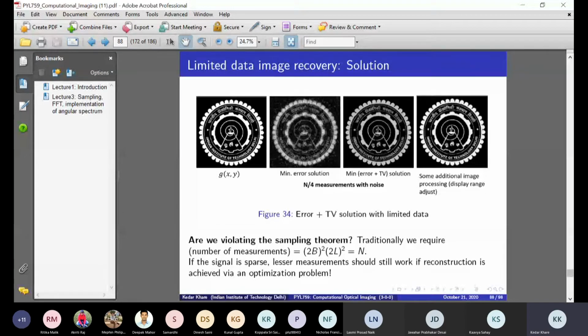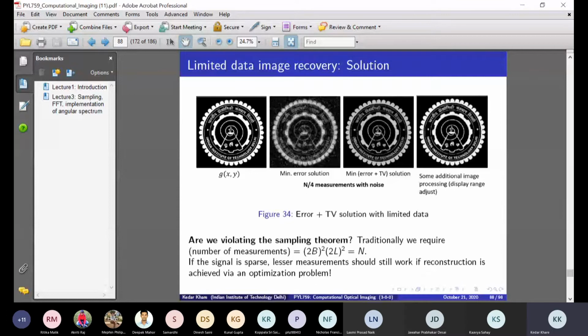So we are in a way not violating per se the sampling theorem, because the sampling theorem suggested that if your extent in Fourier space is 2b and extent in length space is 2l, then typically you should have 2b times 2l samples. Or here, as it is a 2D signal, it will be 2b squared times 2l squared. But a generic result like the sampling theorem does not assume anything about the nature of the image that we are trying to recover.